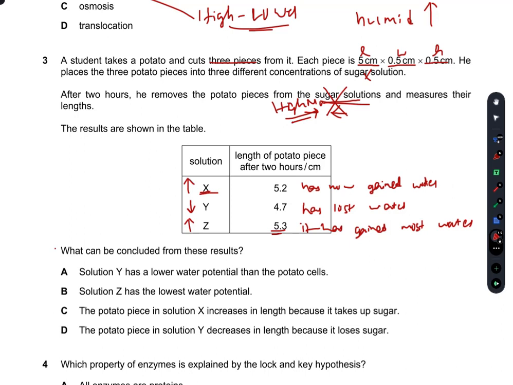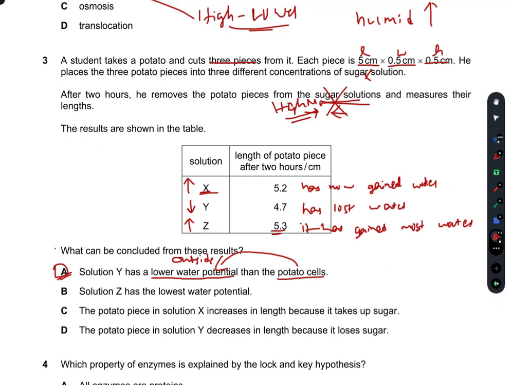The potato in Y has lost its length, means it has lost its water. And why does it lose its water? Because it is placed in a lower water potential, water is moving from the potato cells to the outside, and outside is the lower water potential, and that is the reason the water is moving out. So A makes sense.